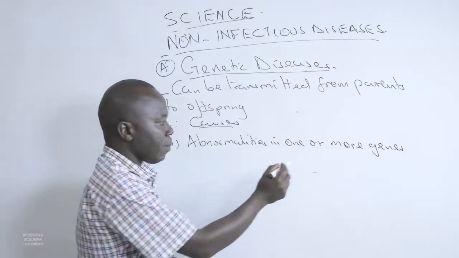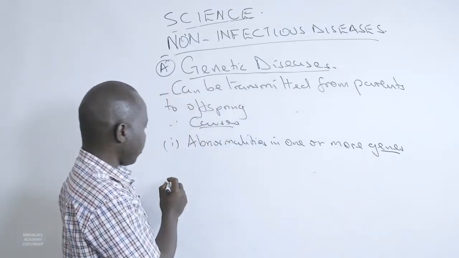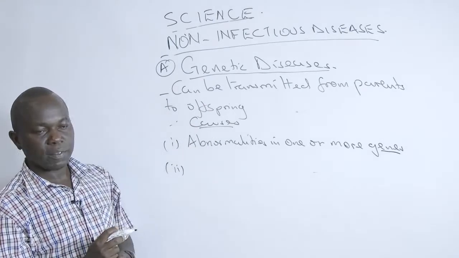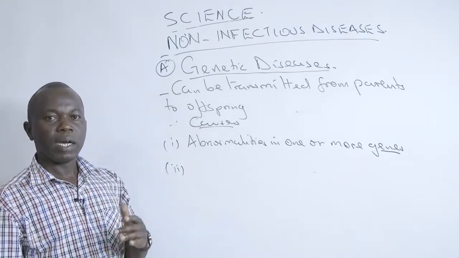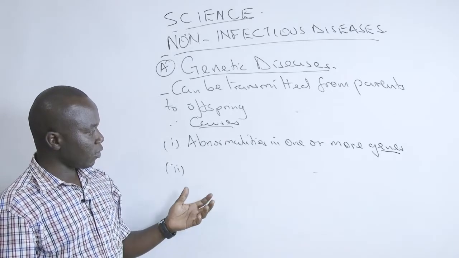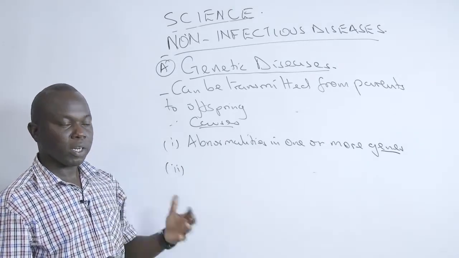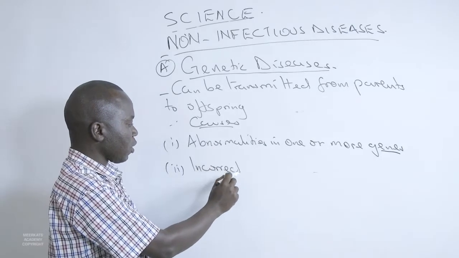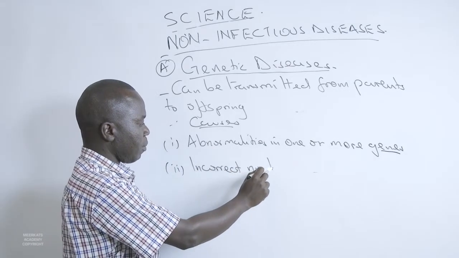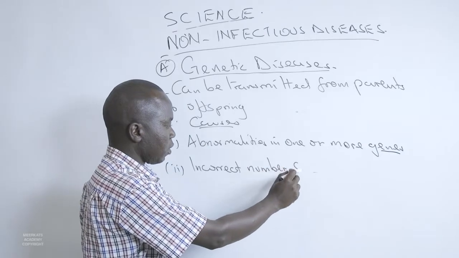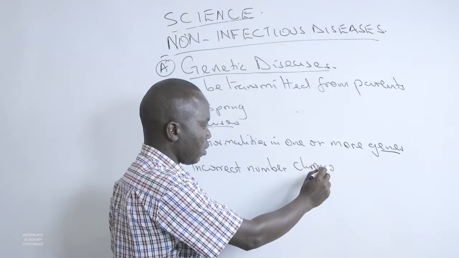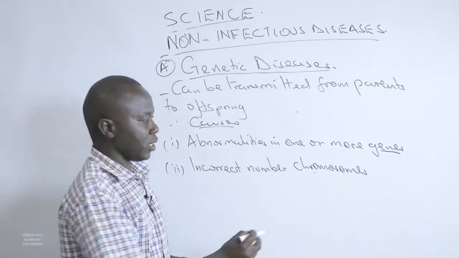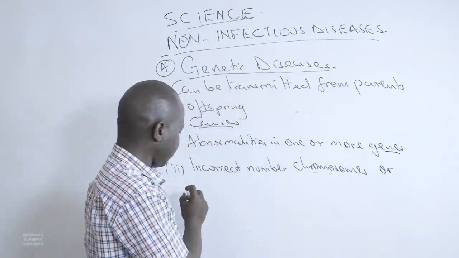That's the lowest level for genetic diseases. But also at chromosomal level, we can have an incorrect number of chromosomes, or faulty chromosomes.